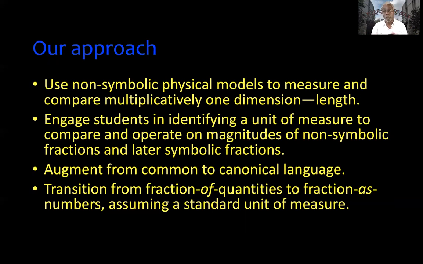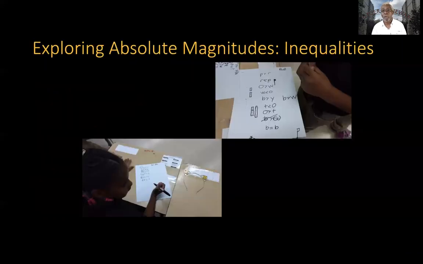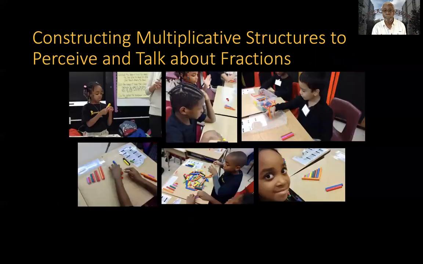And we transition from what we call fractions of quantity to fractions as number. Of course, the materials that we're using are Cuisenaire rods. We start off by having students manipulate the rods, and then without the rods present, write down what they have noticed about them, in this case using inequality signs to talk about the absolute magnitude of different rods.